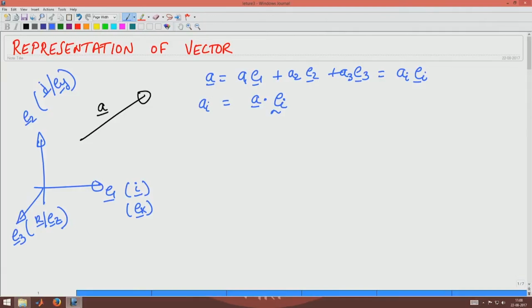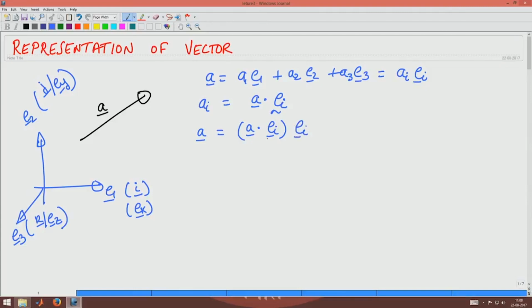Okay. Now, combining these two, I can write A as A dotted with Ei times Ei. Okay.